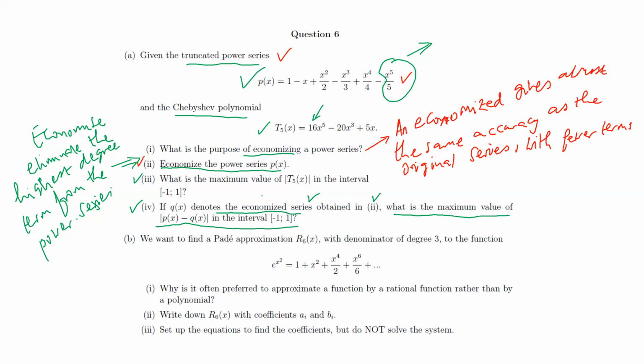So in the fourth Roman figure, we are saying, what is the maximum value of the difference? Q of x now denotes the economized power series. So we take the economized power series from Roman figure 2 and call it Q. Then we obtain the difference between P and Q, the economized power series, in the interval, and we're asking the maximum value of the difference.